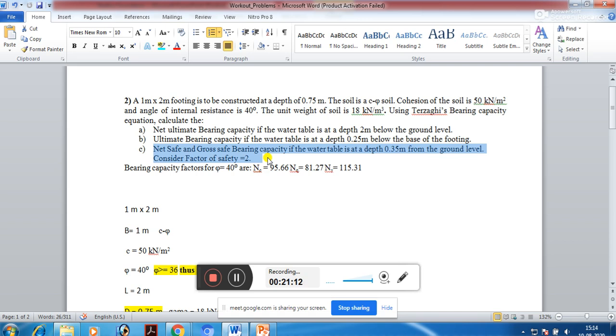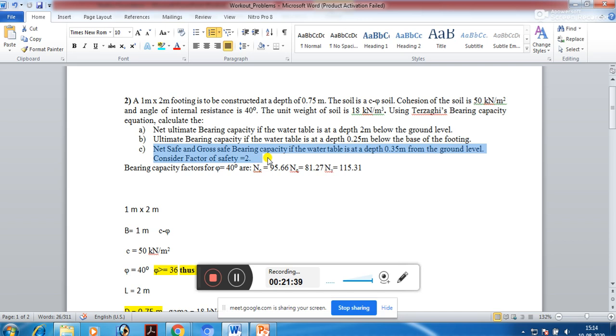Forget about the net safe, gross safe terms. Whenever you want to calculate any bearing capacity, be it net ultimate, net safe or gross safe, first you will have to calculate the ultimate bearing capacity. If you remember the definitions I discussed earlier, from the ultimate bearing capacity only you will be able to get the other values.